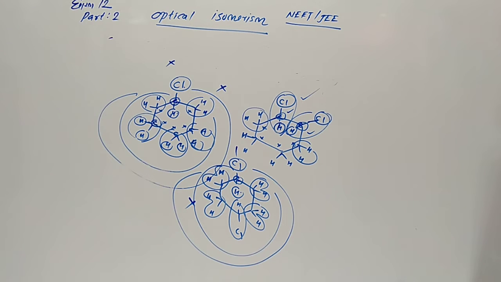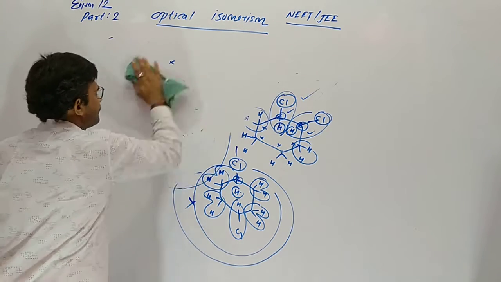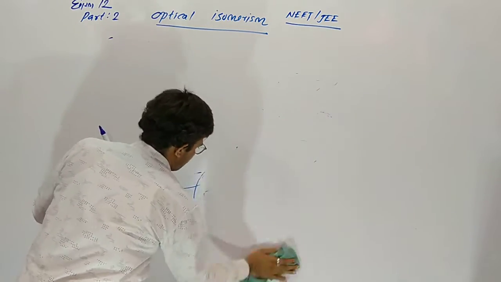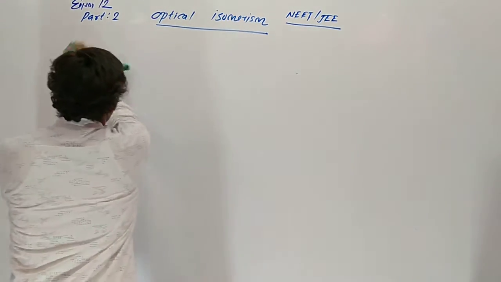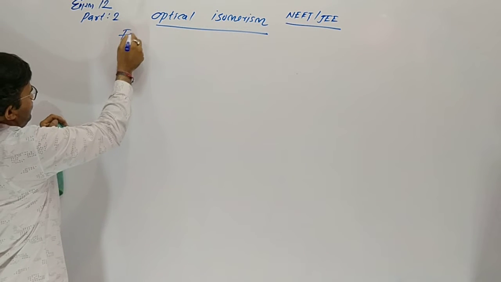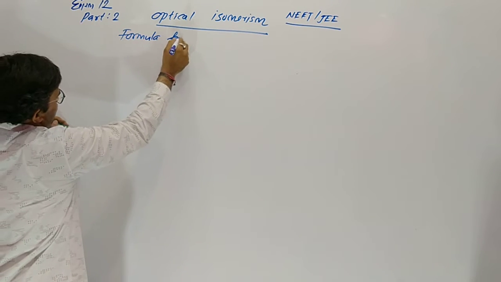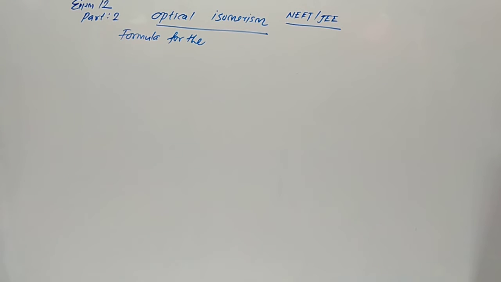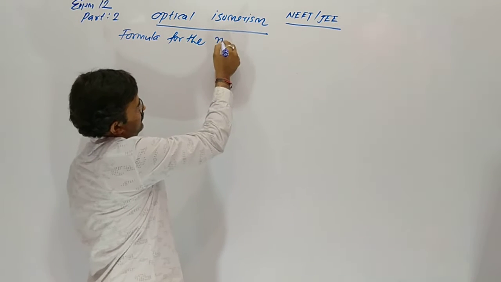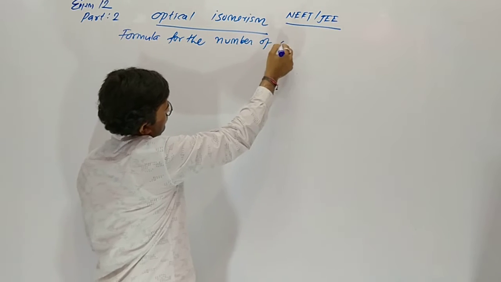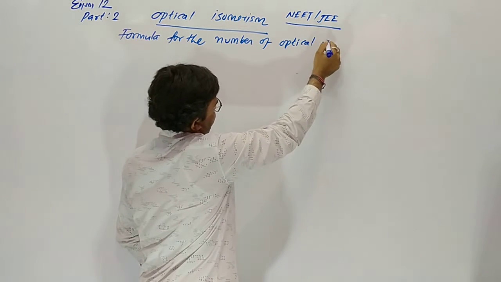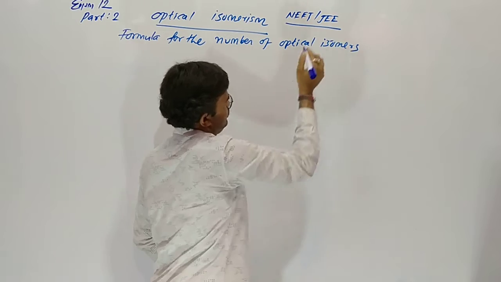Now I am giving you a trick to find the number of isomers. The formula for the number of optical isomers.